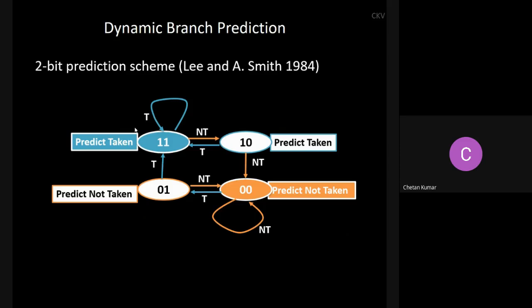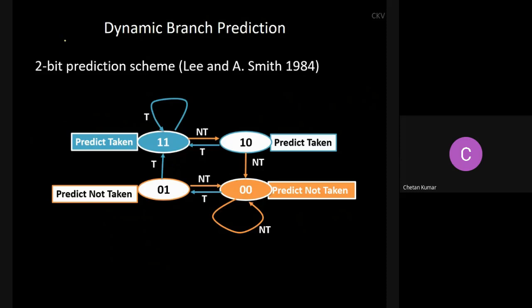The other is like an up-down counter, where the behavior is slightly different. In the earlier case, from a weak state the transition happens to another weak state. But here, from the weak state the transition happens directly to the strong state. That's the difference between these two state diagrams.